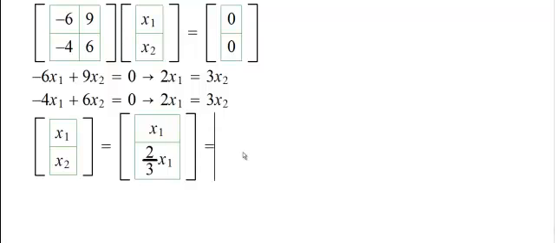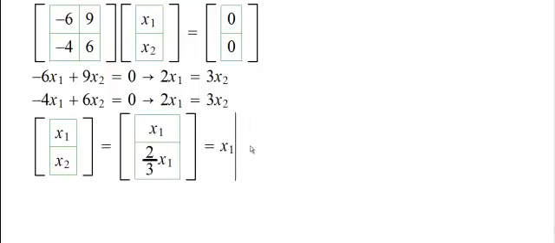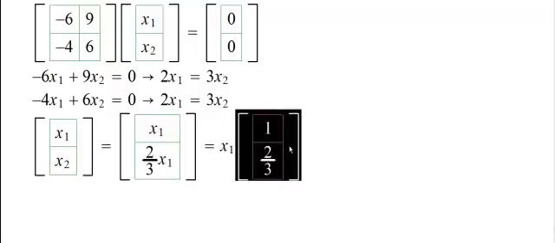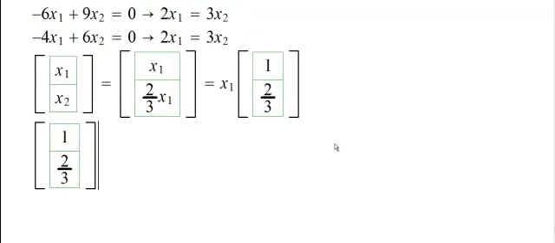Everybody clear? So let's take x1 out. What we get then is 1 and 2 thirds. So all the eigenvectors are multiples of this vector, right? Everybody clear? Or if you want, you can multiply it by 3.